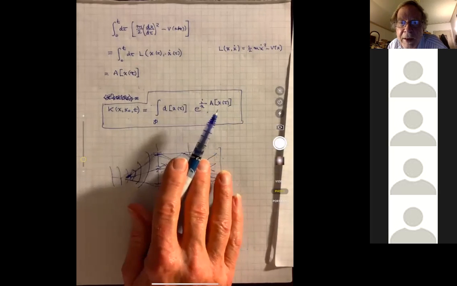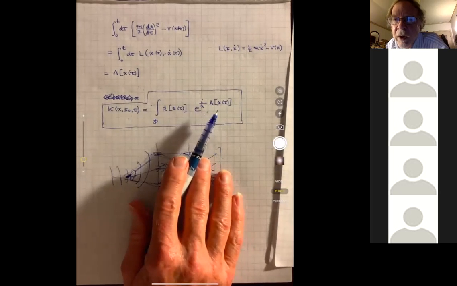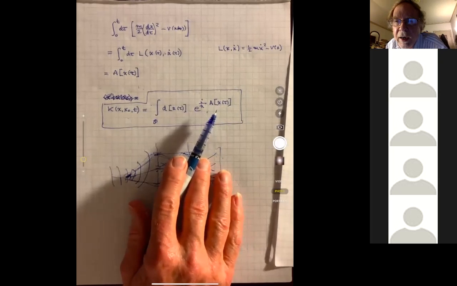On the other hand, if we have paths in path space whose nearby neighbors are out of phase, that's to say the phase varies rapidly for small changes in the path, then they destructively interfere with one another and don't contribute.